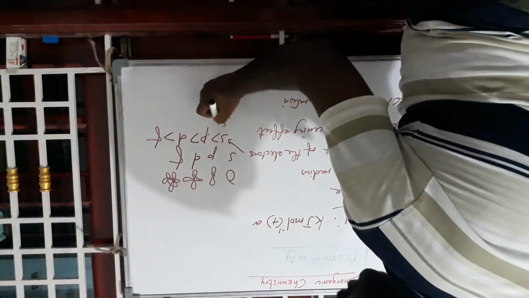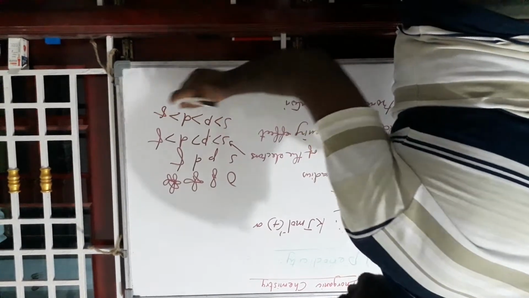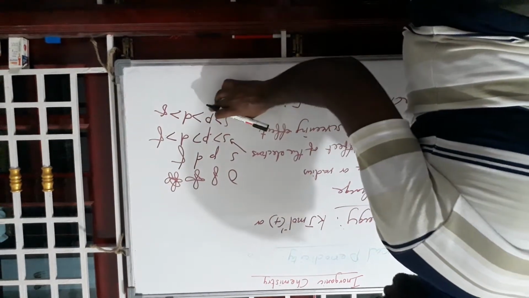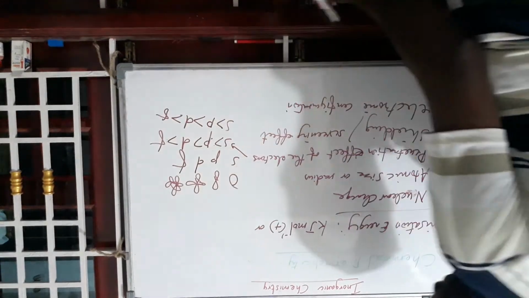The s orbital has more shielding than p, p more than d, and d more than f.